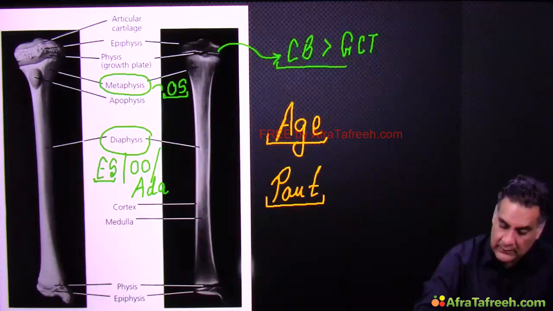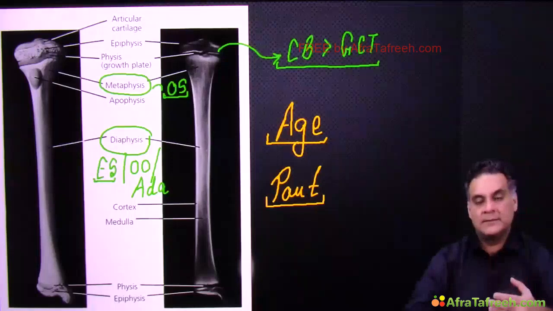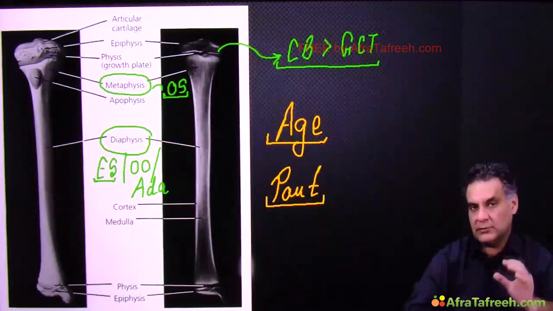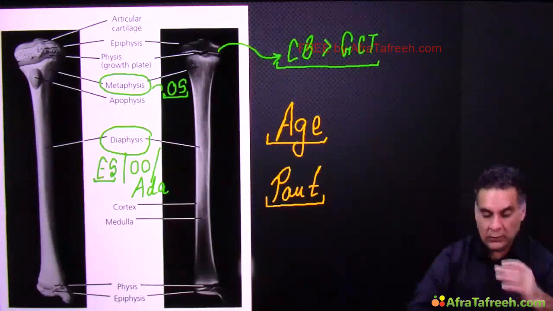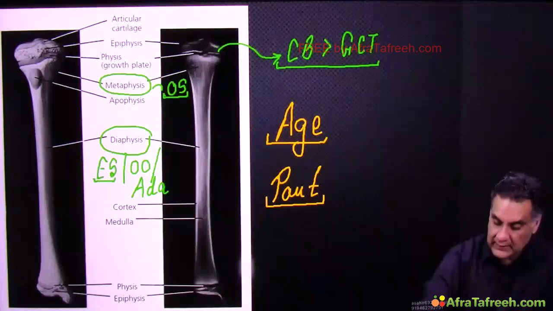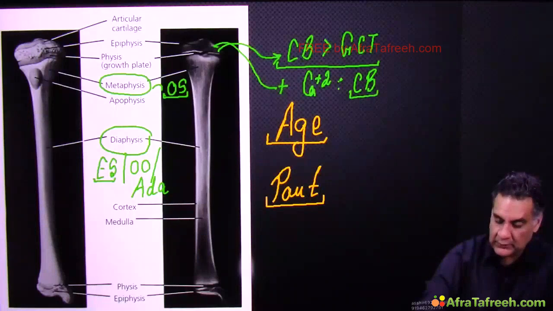Many people remember opposite. Remember it's chondroblastoma more than the giant cell tumor. Also, if they say epiphysis with calcification, in that scenario, remember your answer will be absolutely chondroblastoma.